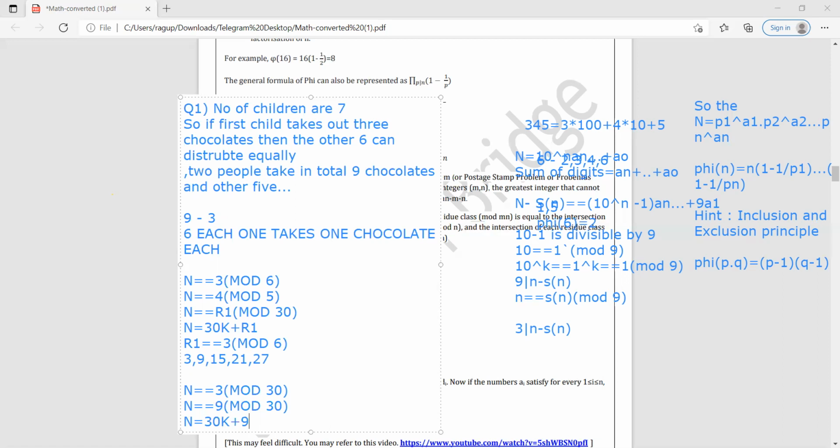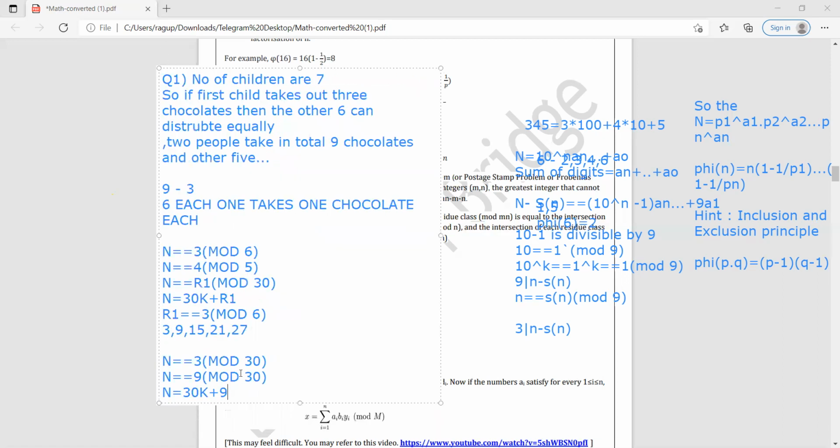But you are wrong, because I know that many of you would just solve the congruence and get the answer to be 9. But sometimes you have to be practical in the question, because here it is mentioned that a total of 9 chocolates. So if there are only 9, then there will be no chocolates left, so people cannot distribute equally.